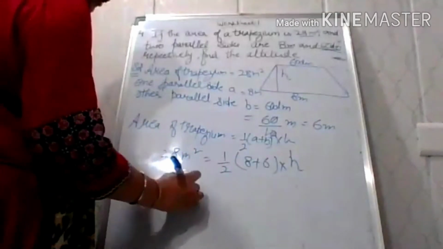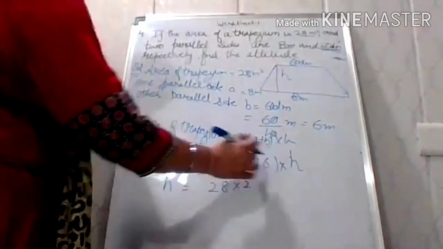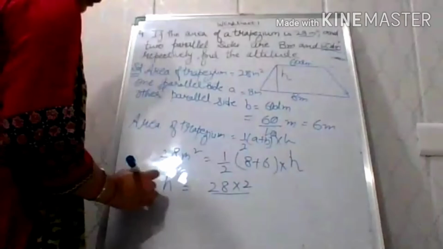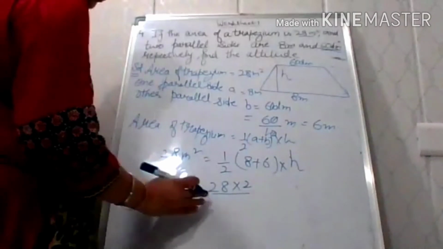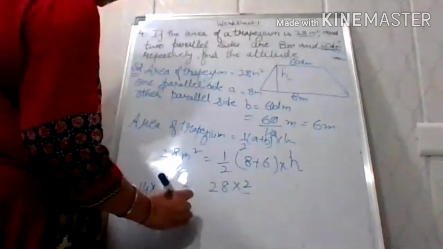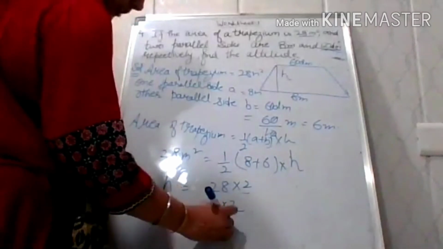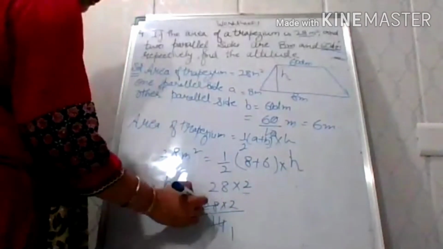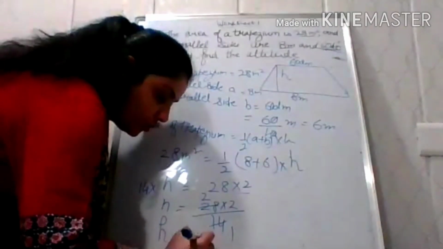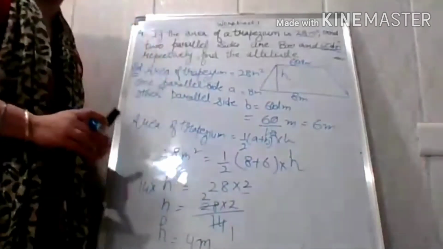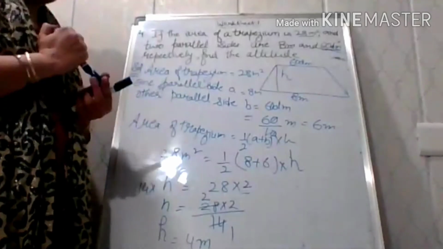Height is equal to 28 multiplied by 2 divided by 6 plus 8, that is 14. So height will be 28 multiplied by 2 divide by 14. 14 ones are 14, 14 twos are 28, and we are getting height is equal to 4 meter. Hence, in the conclusion line, you write that altitude is 4 meter.